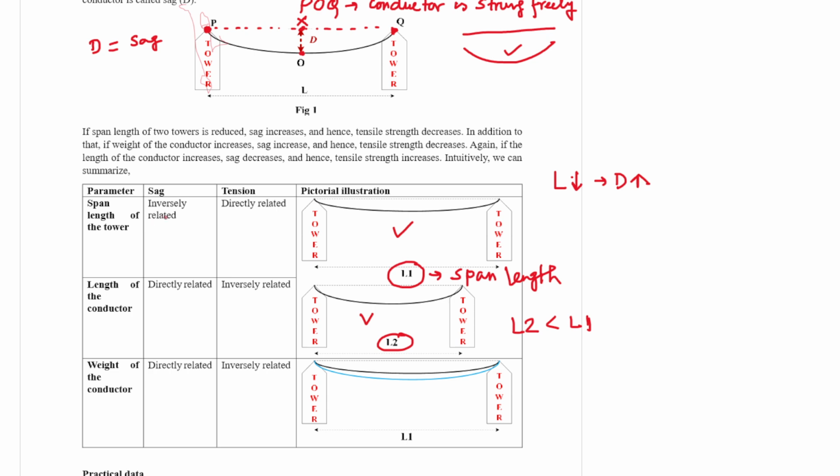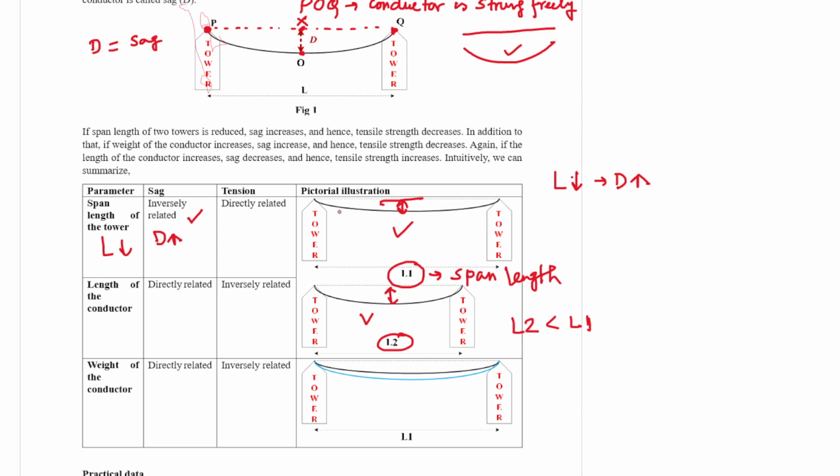What does inversely related mean? It means if span length goes lower, then sag will go high. You see, in this diagram, sag is only this much, but in this diagram, if the span length reduces, sag is a little bit larger. So if the span length is reduced, sag will be increased.